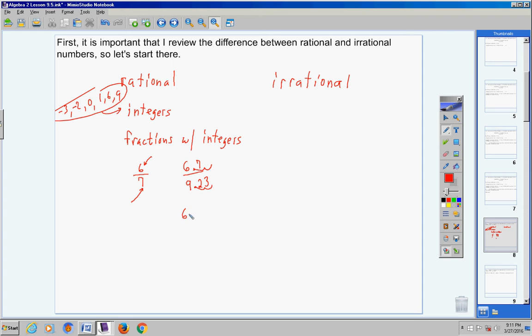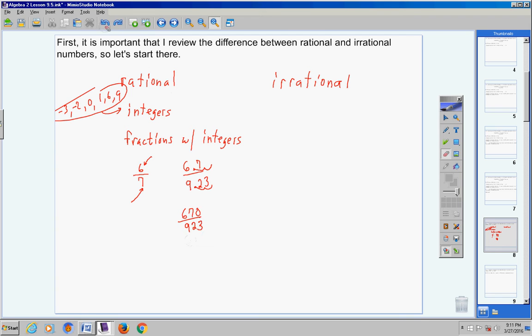And now I have 670 over 923. So this would be a rational number. Look, guys, it's just that simple. Rational numbers are negative and positive whole numbers and 0, and any fraction that can be simplified down to integers up top and the bottom. It's nothing more difficult than that, okay?